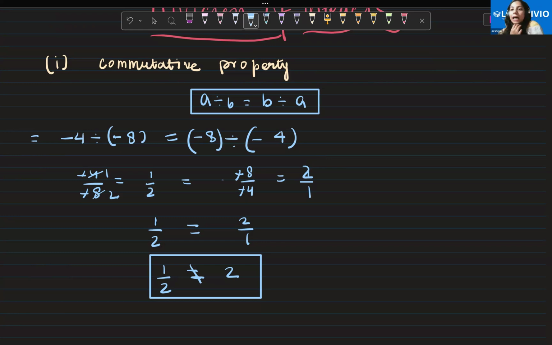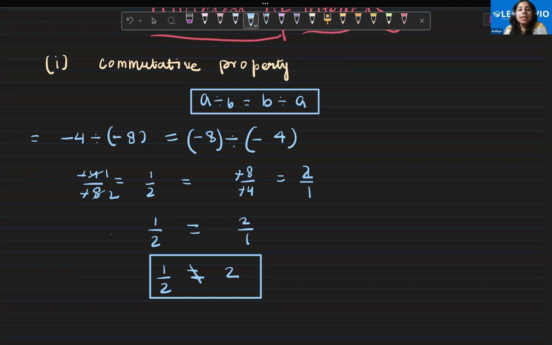I'll repeat. I was saying that according to the property, we can divide in any order, right? So A divided by B should be equal to B divided by A. But when we take an example and solve it, the answers are not coming equal. And that is because for division, it's not possible to divide in any order. The answer will change.